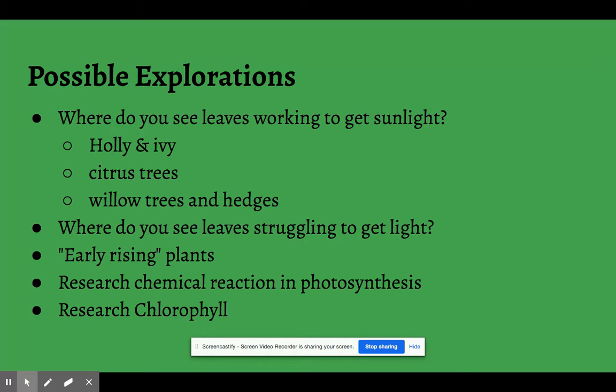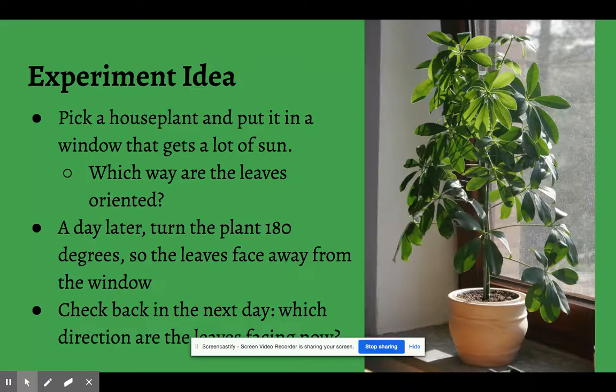You could even look into where you see leaves struggling to get light, or early rising plants that come up through the ground before the trees start to leaf up and bloom. And why do those plants early rise? You could research further the chemical reactions in photosynthesis or research chlorophyll.